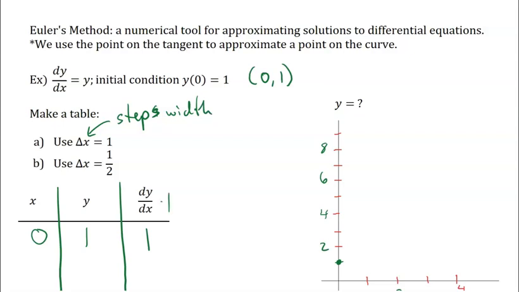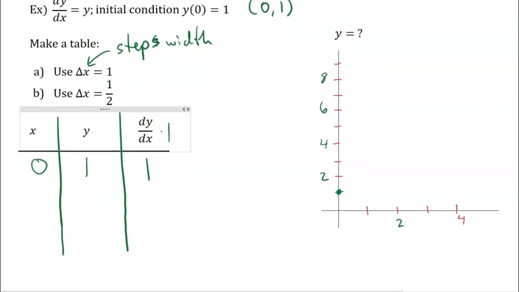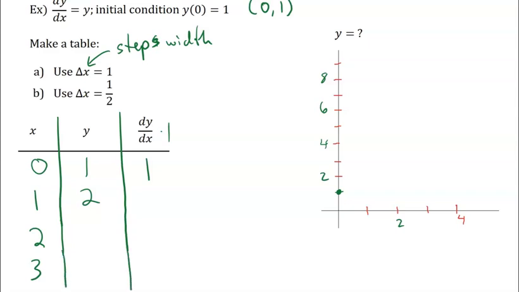So I'm going to take the 1 and add it to 1 and get a 2. So my second point is at a height of 2, and our horizontal step we've gone over by 1. Now with my slope of 1, I have a point at 1, 2. All right. So now I get that second point.